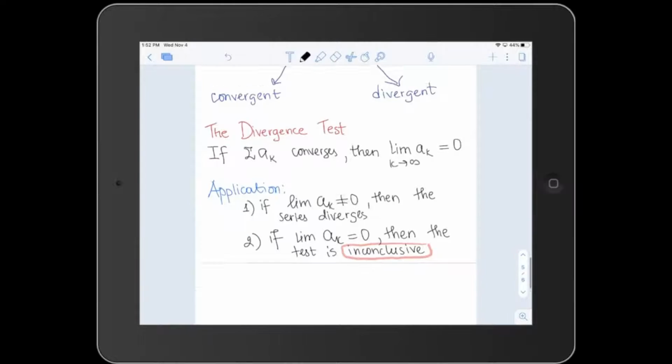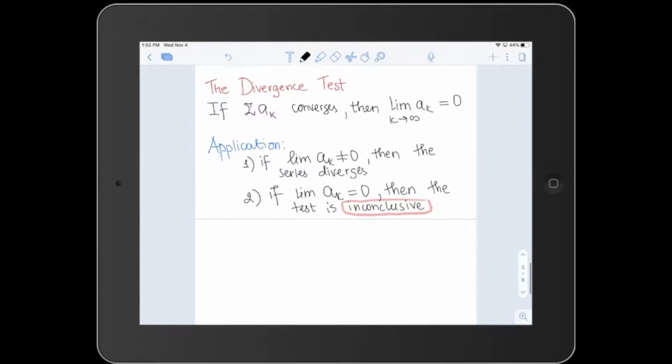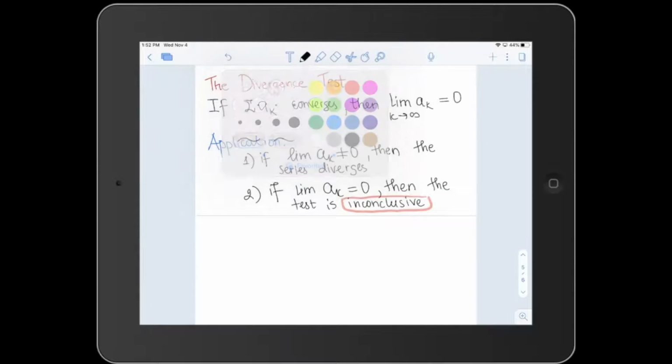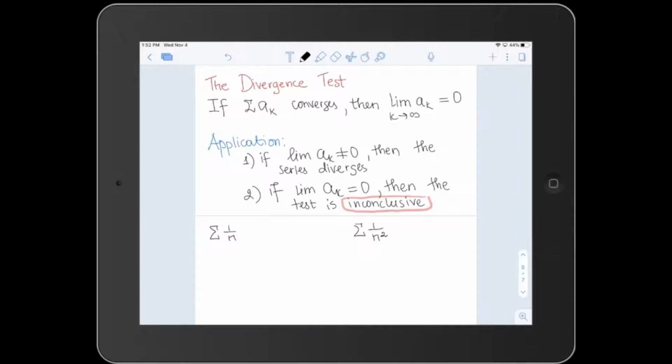Now let's go back to our two examples. My first example, the harmonic series, 1 over n, and my second example, 1 over n squared. Take a look at this. The limit as n goes to infinity of 1 over n is 0, right? And the limit here is also 0.